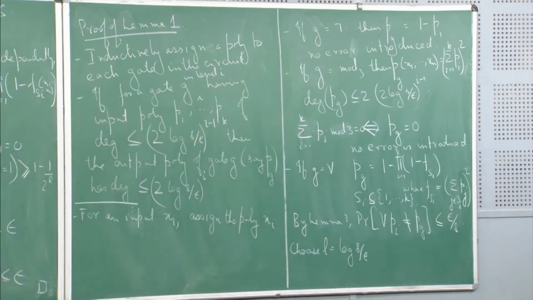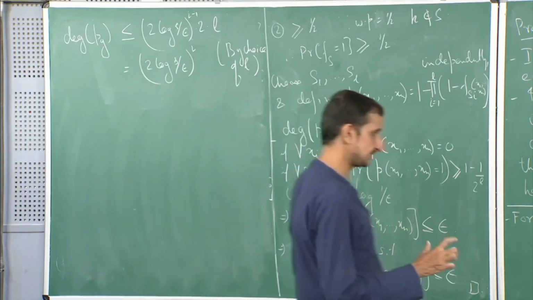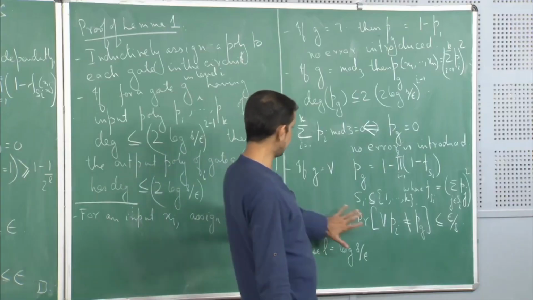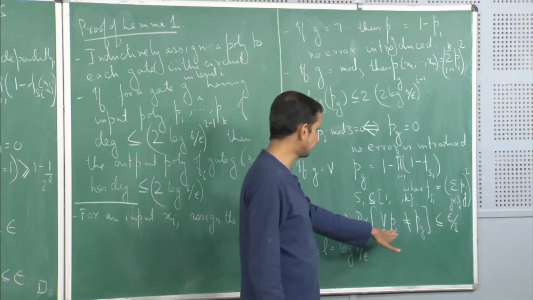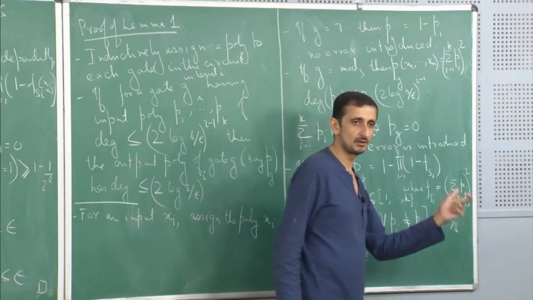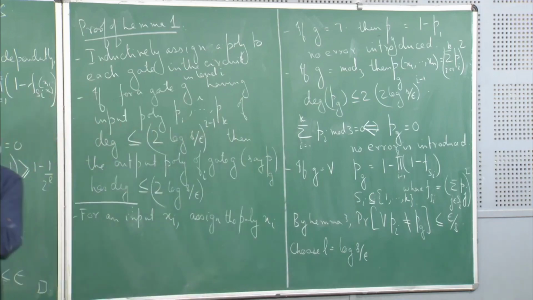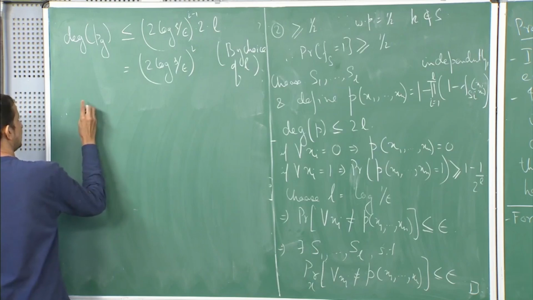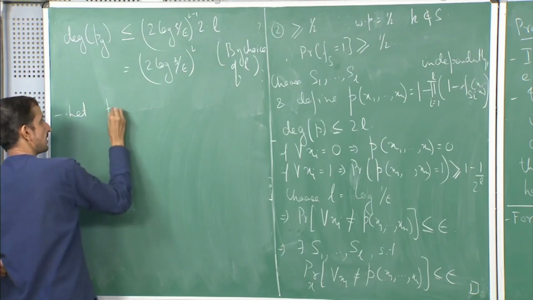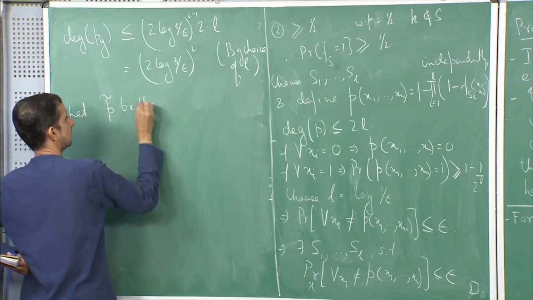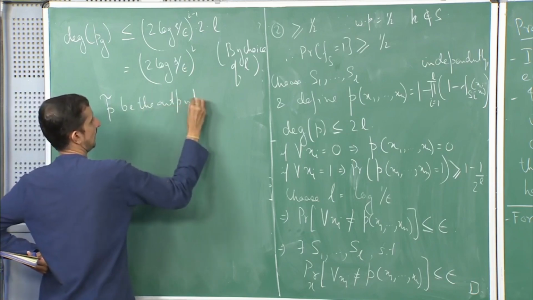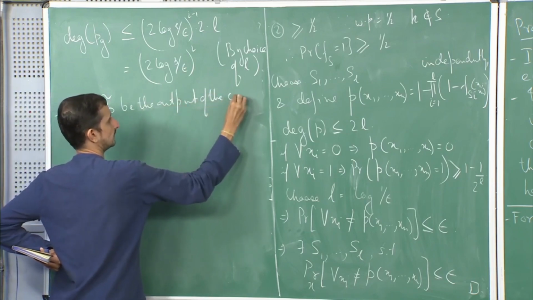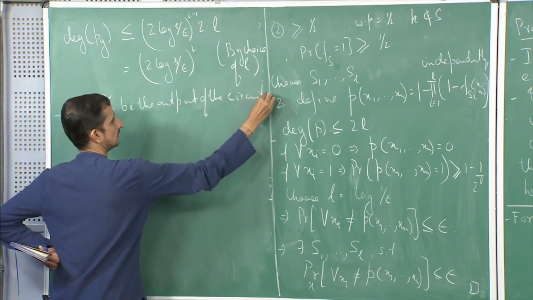And so my degree condition is satisfied. Now how much is the error that I have introduced at this gate? The probability of an error is epsilon by S for one gate. The total size of the circuit is S over here. So let P tilde be the output of the circuit.